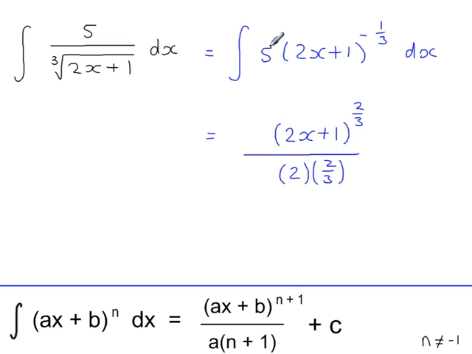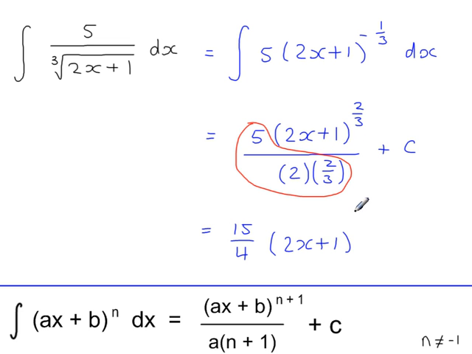We were multiplying by 5, so that 5 goes into the numerator, plus c, the constant of integration. And now we need to simplify this part here. And this gives 15 over 4, 2x plus 1 to the power of 2/3 plus c.